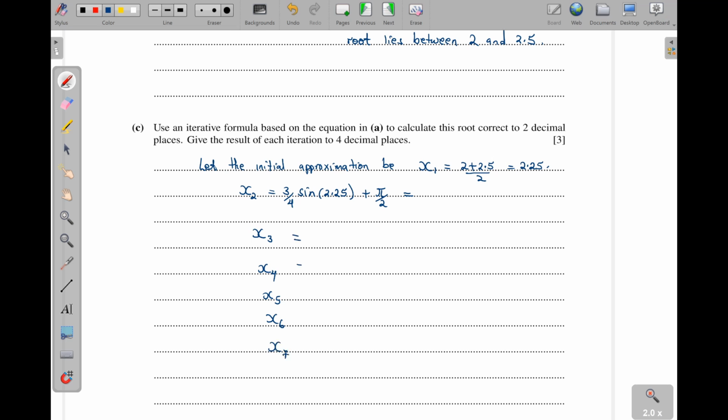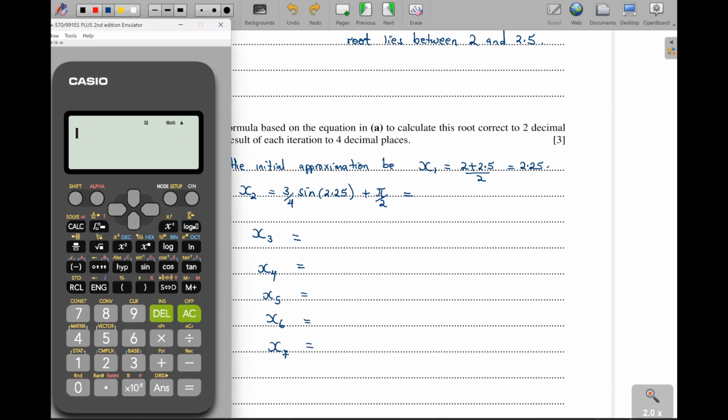We shall see where to end. Now we have 3 over 4 sine of 2.25, then plus pi over 2. We are supposed to give each value of the iteration to 4 decimal places.